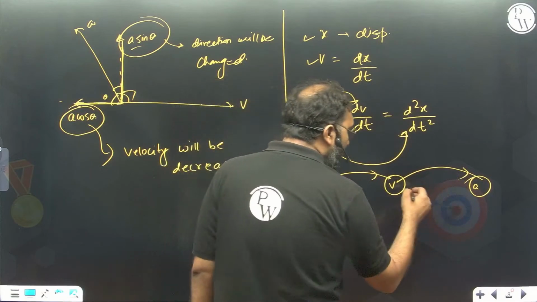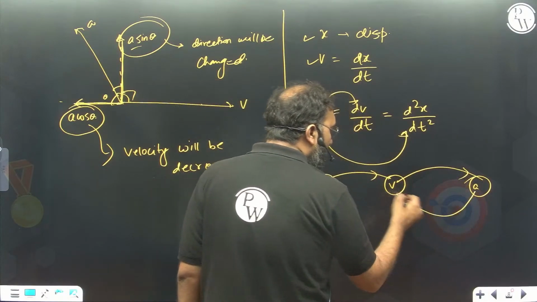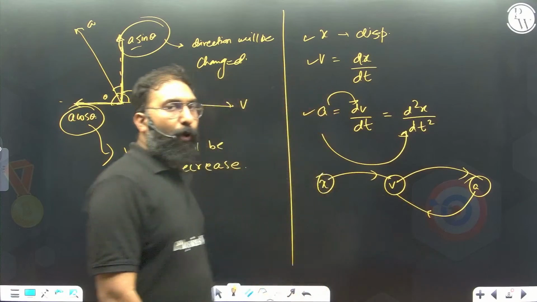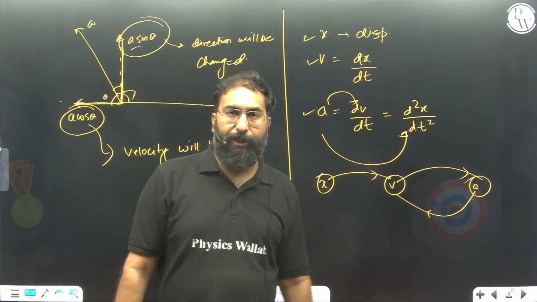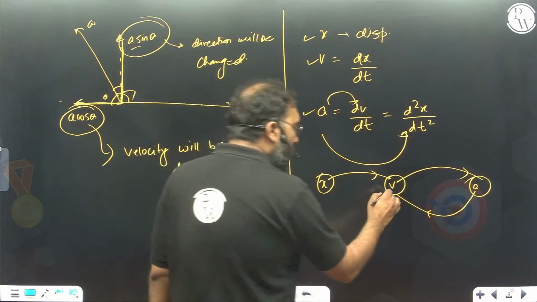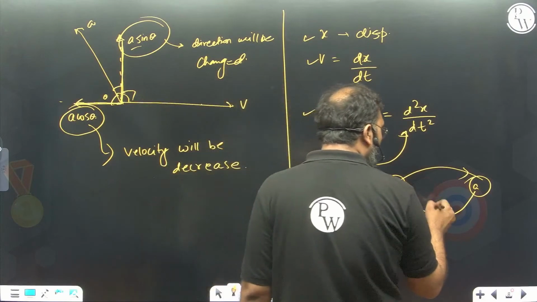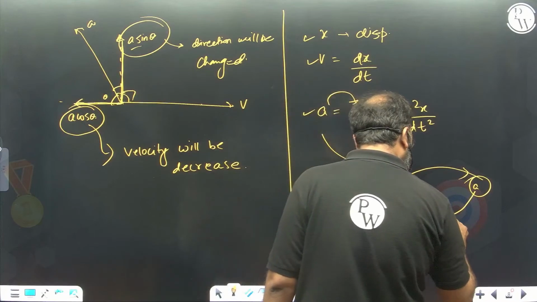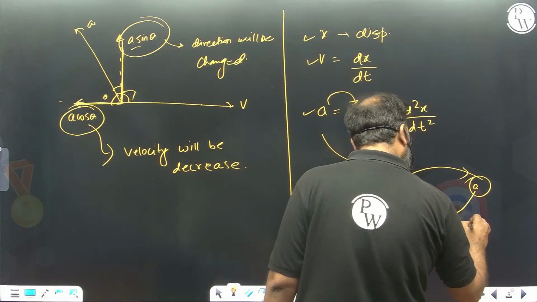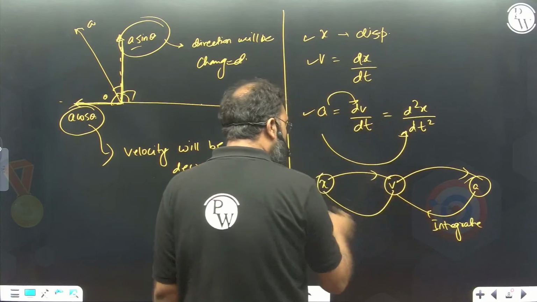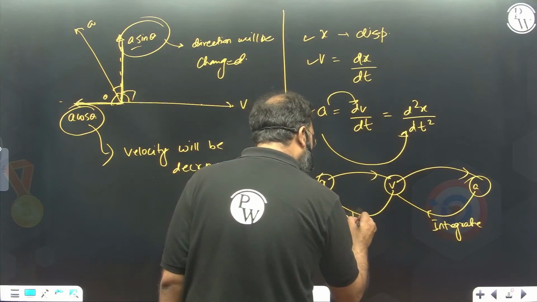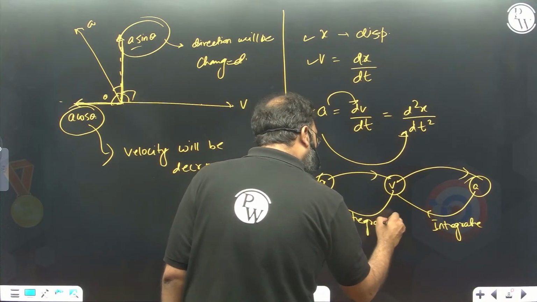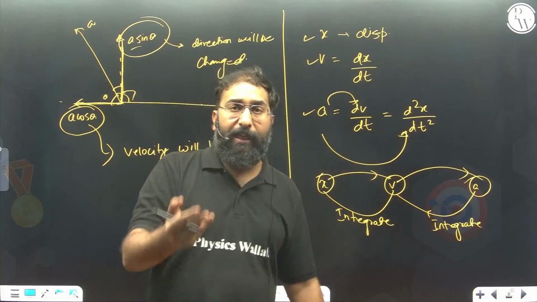And if I have to get velocity from acceleration, I have to perform the reverse process, and the reverse process of differentiation is integration. So to get velocity from acceleration, I have to integrate. From velocity to displacement, again we have to integrate, and we'll integrate with respect to the same variable.